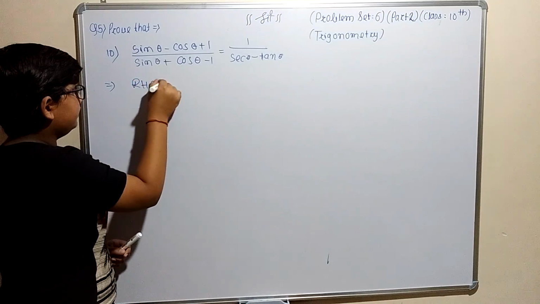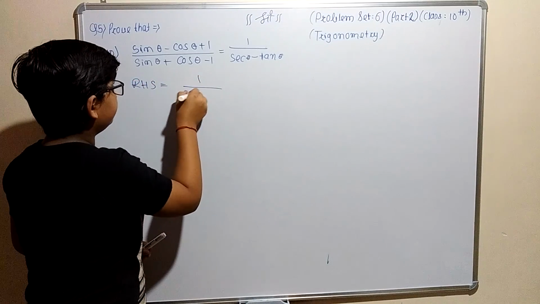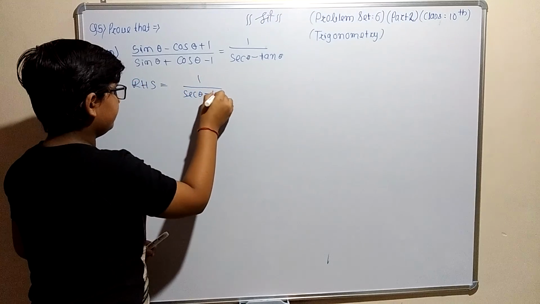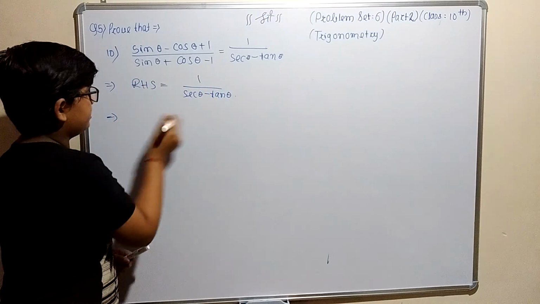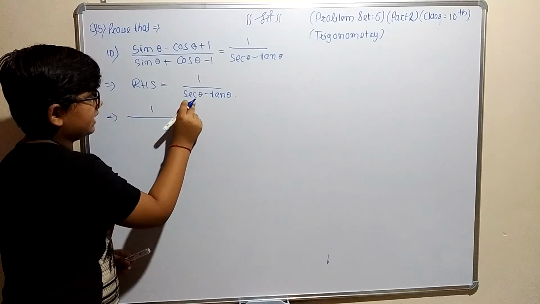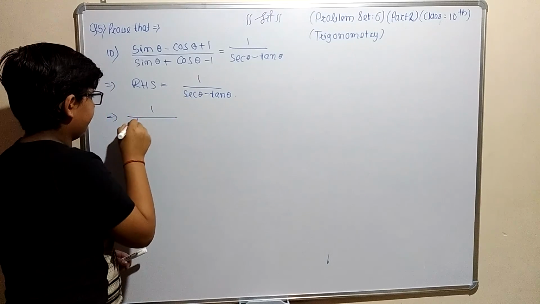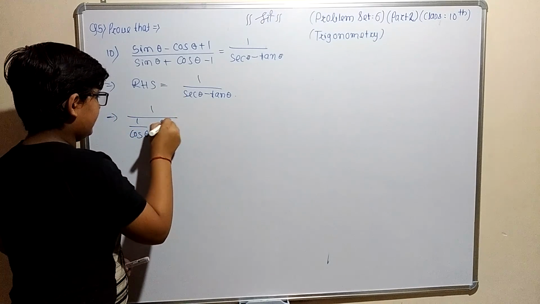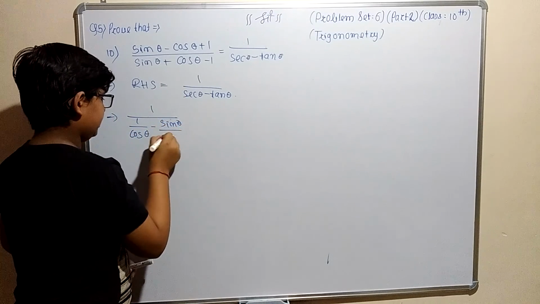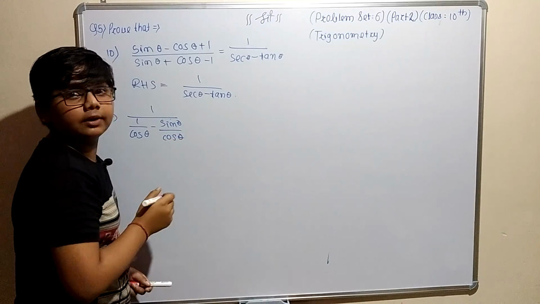Since RHS is equal to 1 by sec theta minus tan theta, now we will solve this. 1 by sec theta minus tan theta is equal to 1 by, sec theta can be written as 1 by cos theta, minus sin theta divided by cos theta.